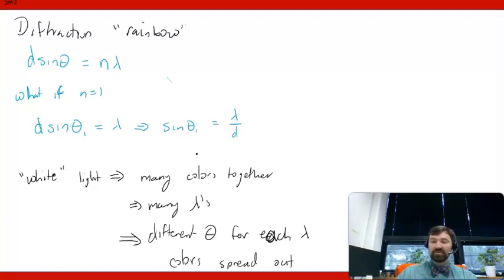Basically what you do is you shine your light source, maybe it's a star, maybe it is a sample of some sort, and you illuminate it so that it fluoresces, or if it's a star you just look at it. And then you send that through a diffraction grating, or a prism will also work, but we'll use a diffraction grating here.